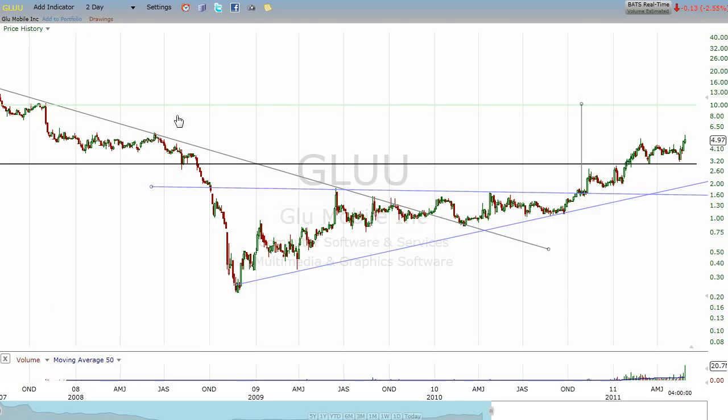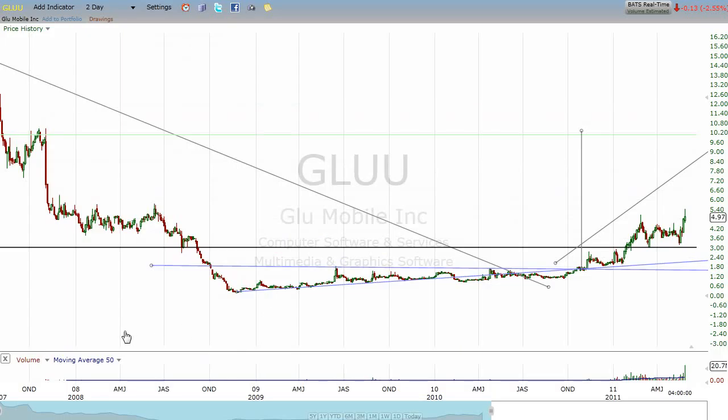For example, if we look at Glu Mobile on an arithmetic chart, I want you to look at that just for a second and tell me how you're going to figure out what to do with that. What does this line mean? Where did the trend actually change for Glu Mobile?